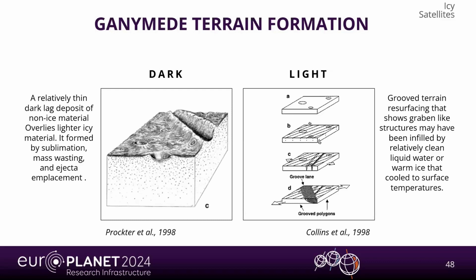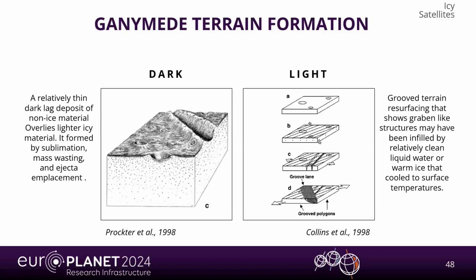On the other hand, the formation of the light terrain is connected to resurfacing processes that infilled the topographic lows with new, fresh, and light material. So the formation of the light terrain is strictly related to extensional activity that allows the resurfacing of deeper, fresh material.